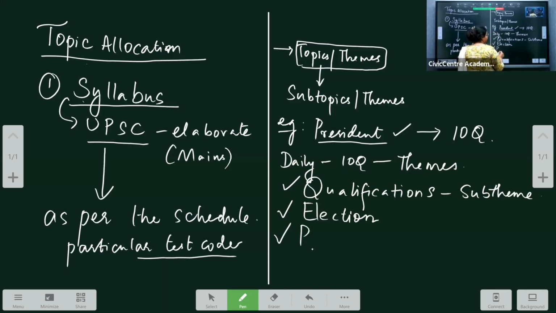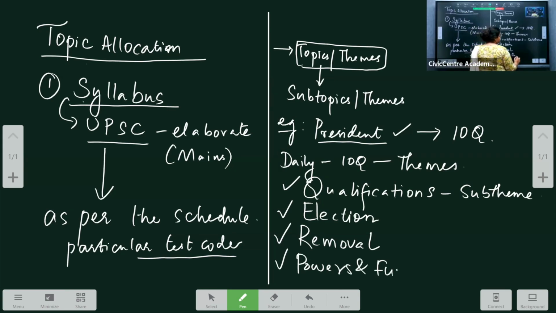What is the process of removal? Then what are the different kinds of powers and functions that a president has in that role? So these are all the sub-themes that are there.